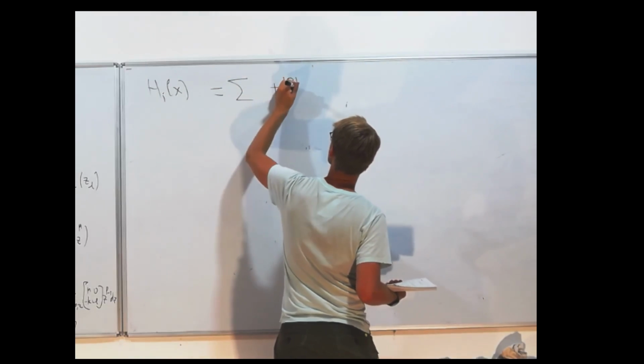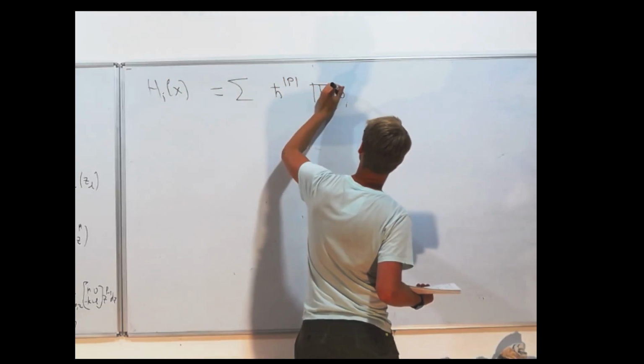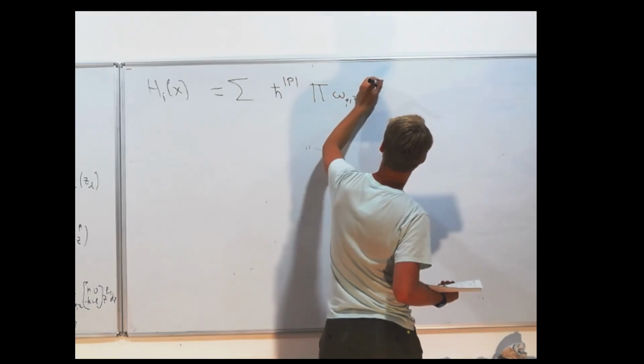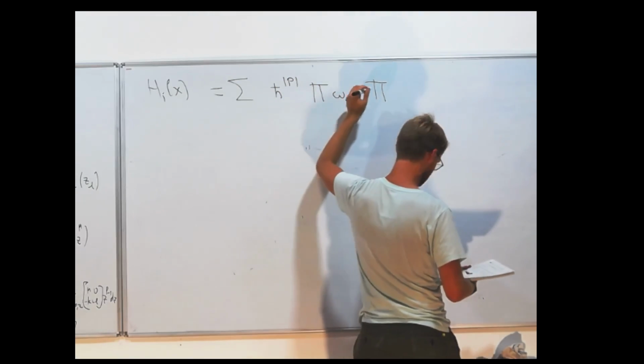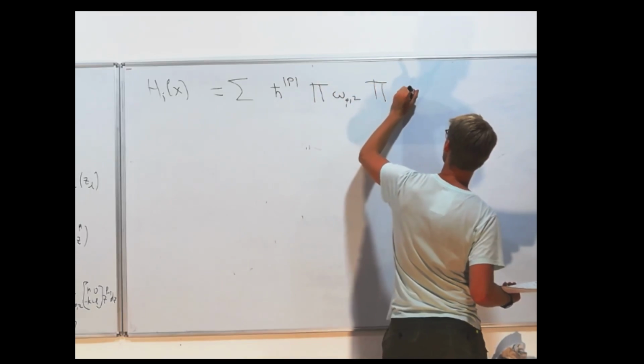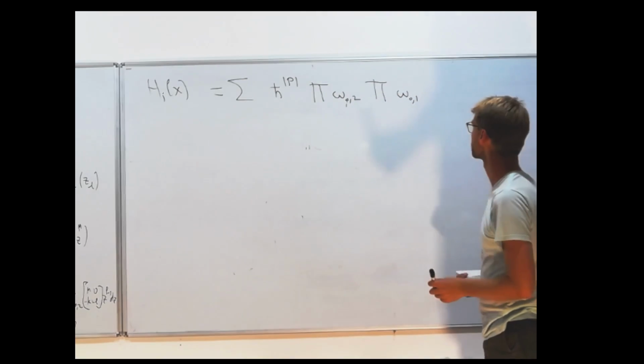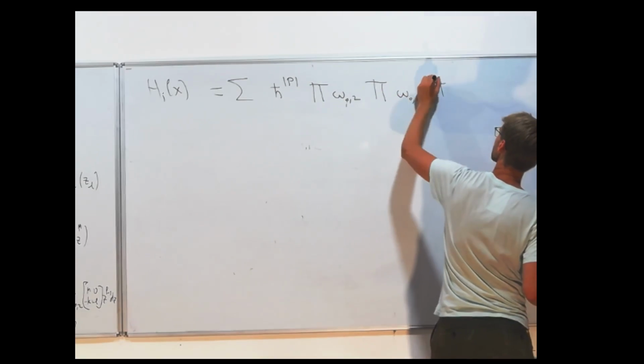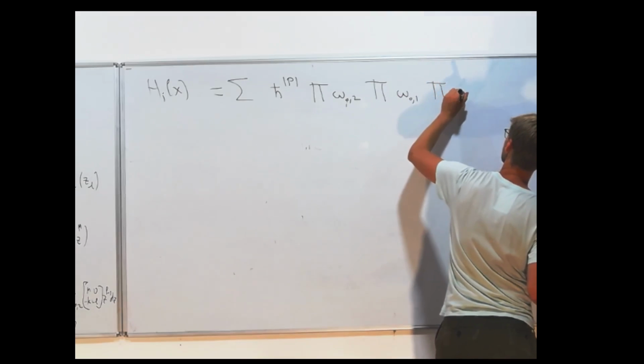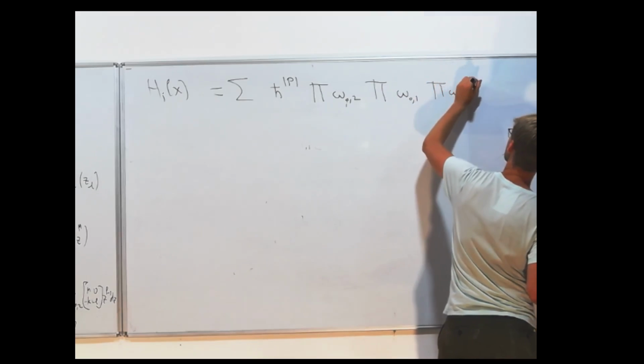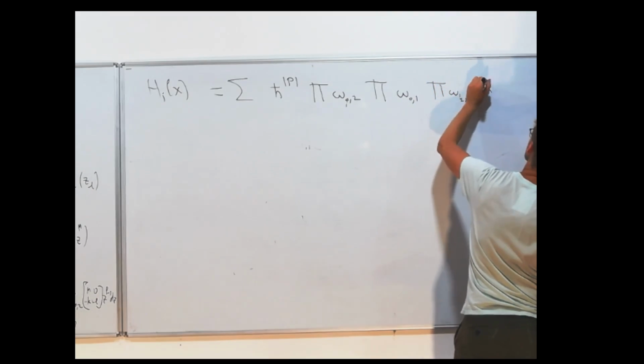We still have this. Now we have a product over omega 0 2. So it's going to be very sketchy, but okay. We have a product of omega 0 1s now because we have that shift. We also have a product over omega 1/2 ones with h bar to the power 1/2.